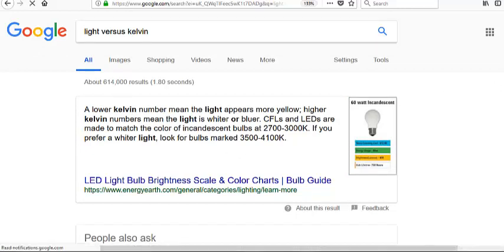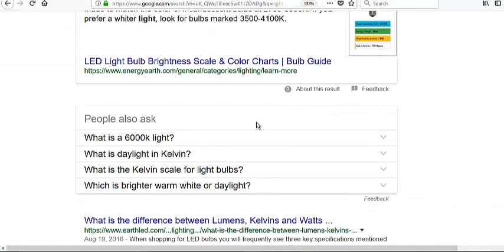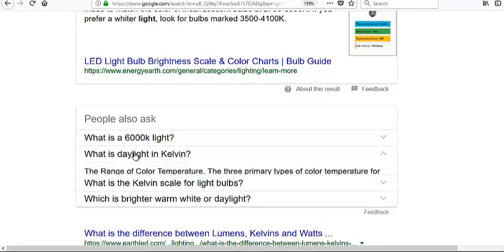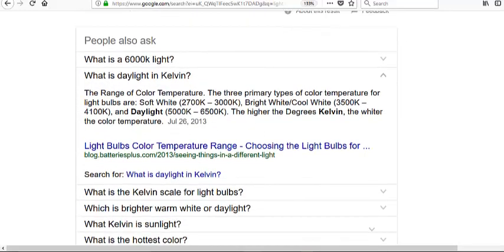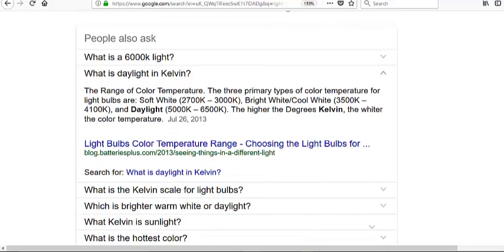So depending upon the light source, what is daylight in Kelvin? So the most natural light source is sunlight, and it depends upon what time of the day it is. But they've got these ranges for different kinds of light.